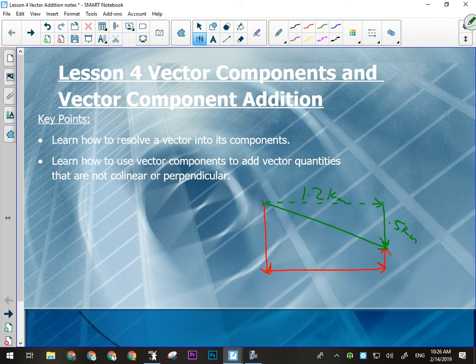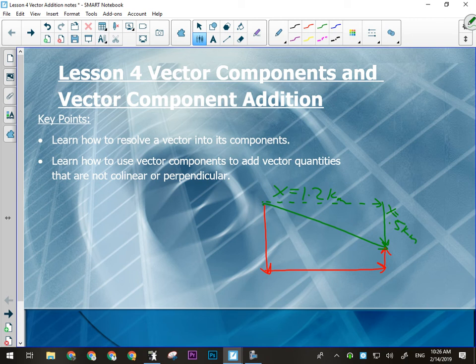What we had probably unknowingly done is find the horizontal or x component of our displacement and the vertical or y component. Anytime we have a vector, that vector has a horizontal and vertical component to it. That's why we can always build a right angle triangle from any vector quantity we're given. Everyone following me so far?